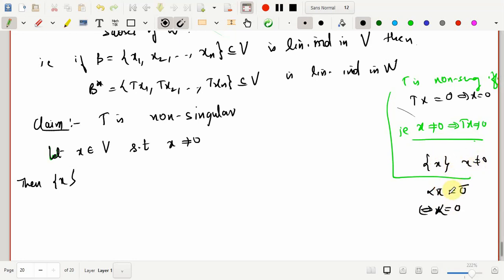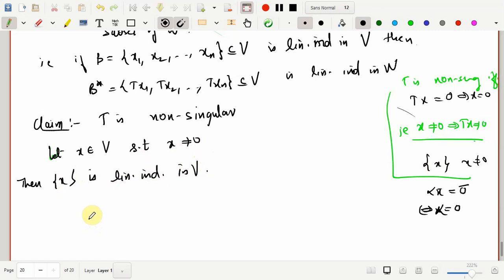So the linear combination is 0 only when the scalar is 0, which implies that this set is linearly independent. A singleton set with a non-zero vector is always linearly independent. Since it's a subset of V, it is linearly independent in V.